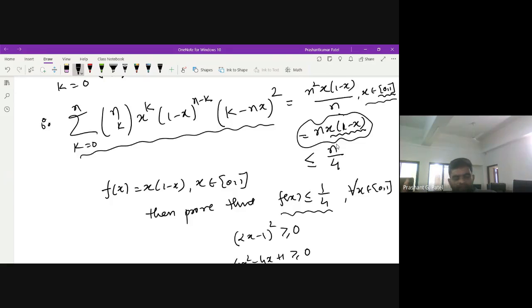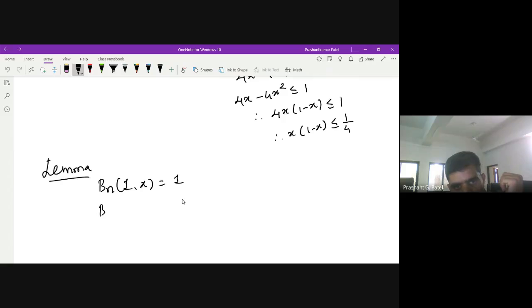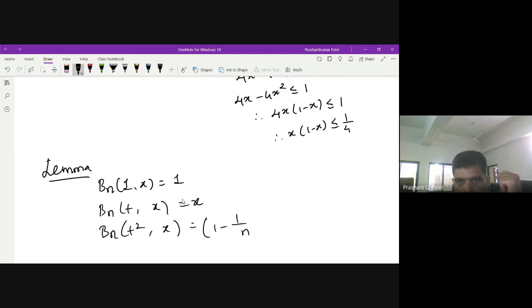So here in this lecture I have defined what the Bernstein polynomial is, what the first moment is, and what the second moment is. Let me write and conclude as a corollary, also a lemma. What we have discussed is this: Bn of 1 at x is 1, Bn of t at x is x, Bn of t square at x, which we have obtained, is (1 minus 1 by n) x square plus x by n.